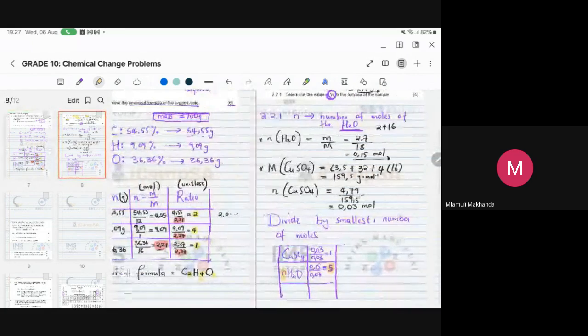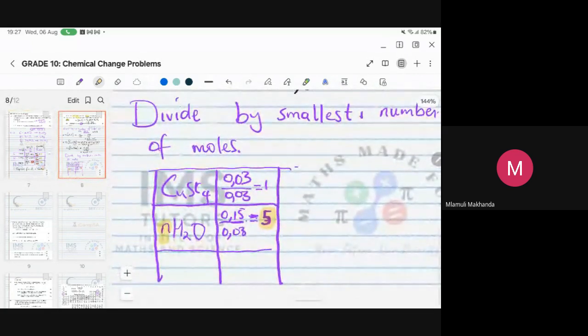That's the only difference. So what this means, therefore, is that the N they're talking about there is equal to 5. Right. So that's basically how you would do a question like this one.